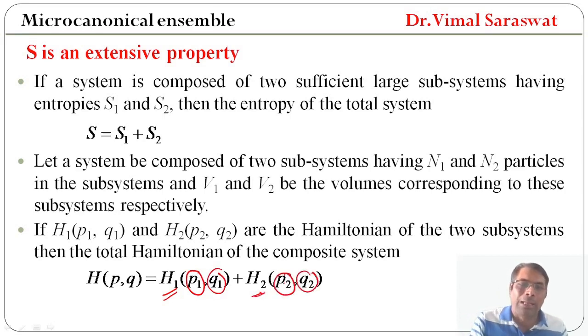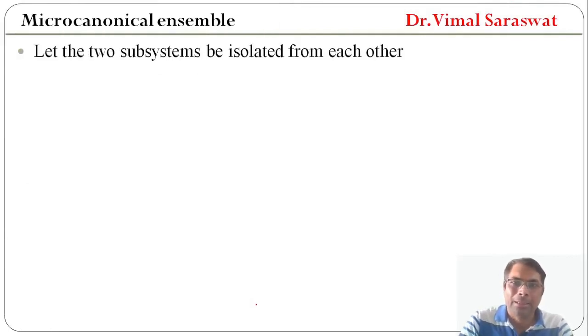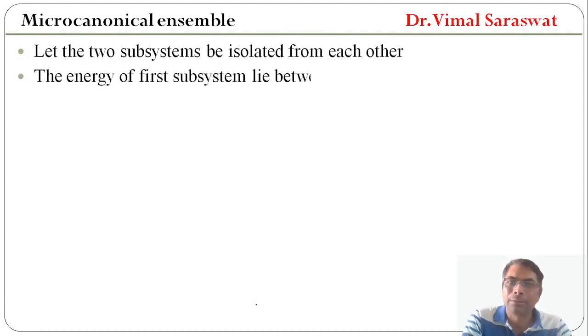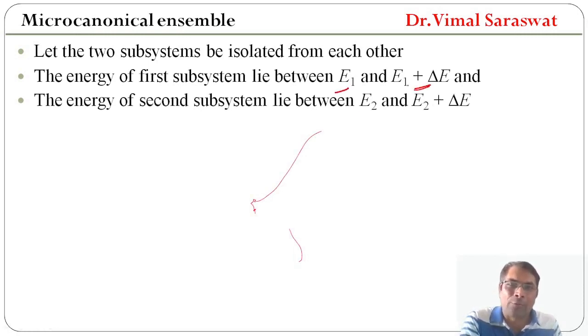So the total Hamiltonian of the composite system H is equal to H1 plus H2. Let the two subsystems be isolated from each other, and the energy of the first subsystem lie between E1 and E1 plus delta E, and the energy of the second subsystem lie between E2 and E2 plus delta E.